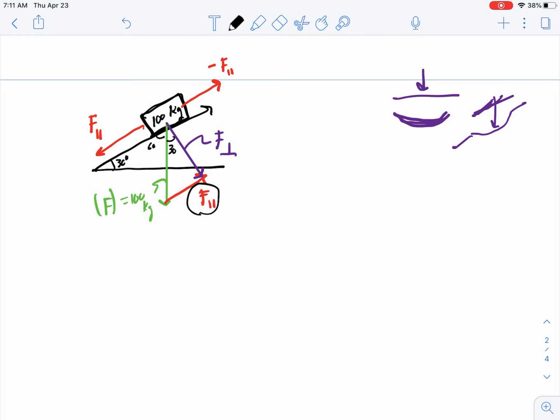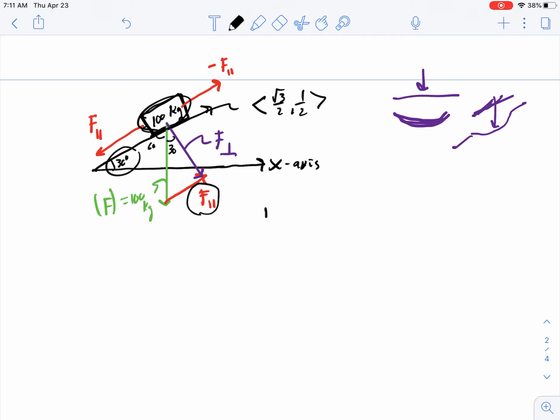But let me give you a different approach here. So if this is your x-axis at a 30-degree angle, that means these are components of root 3 over 2 and 1/2.